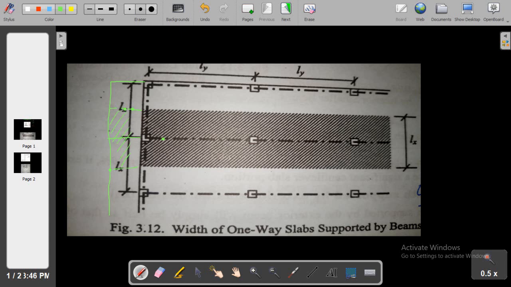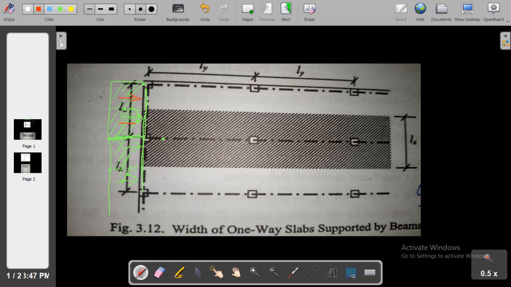If we are designing this beam, then the tributary area will include this cantilever area, which will be directly transferred to this beam. This is important.